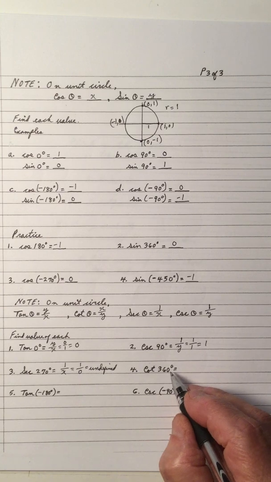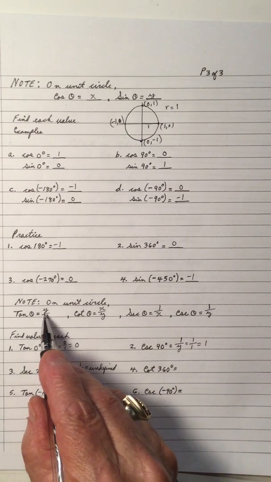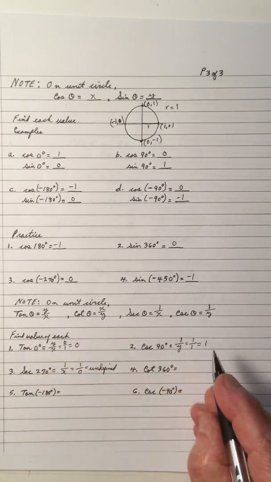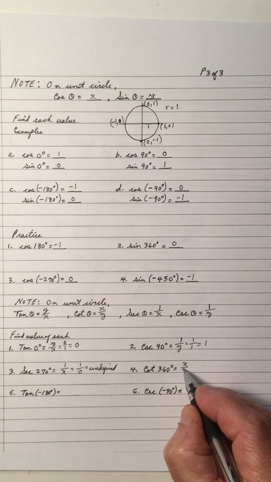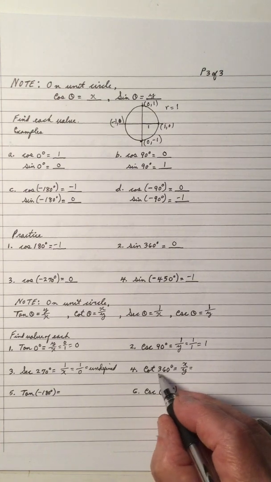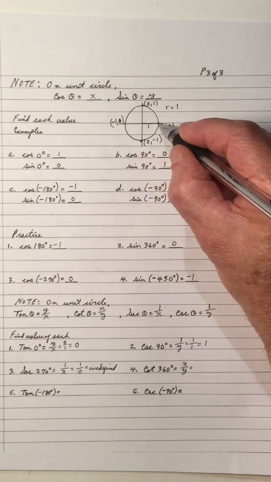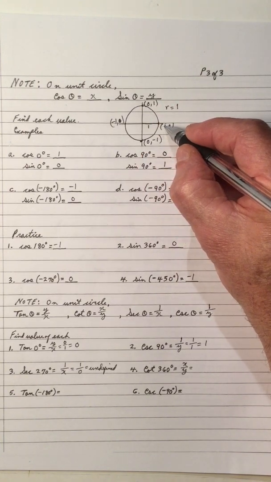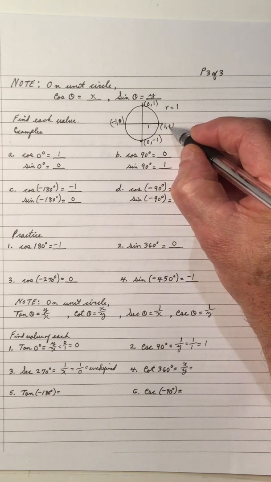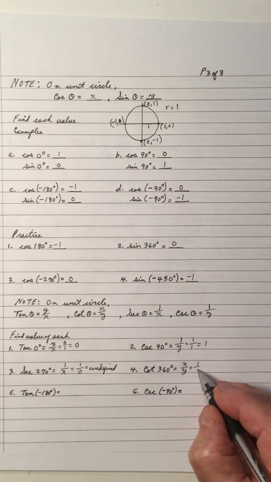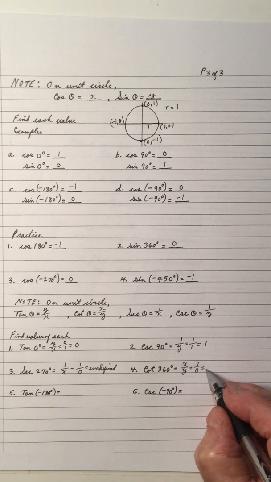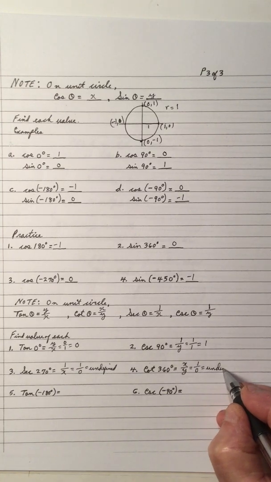Cot is x over y. So we'll go 360 degrees. 360, start here, right back to where we started. So it's the x, which is 1, over the y, which is 0. 1 over 0 is undefined.